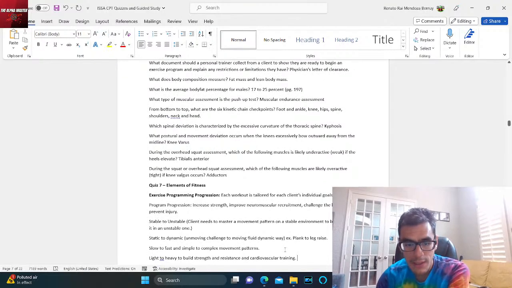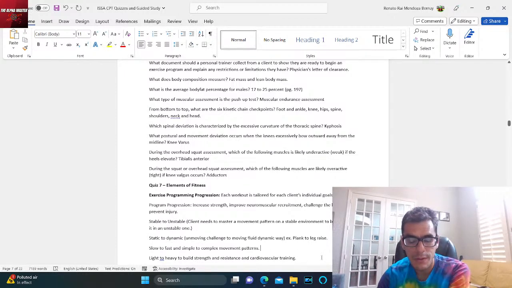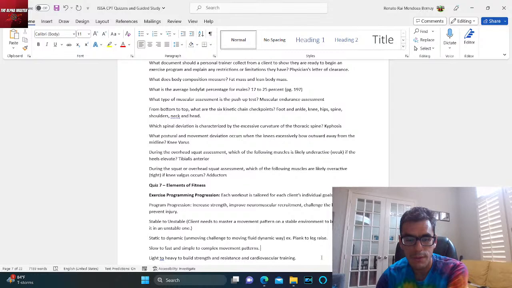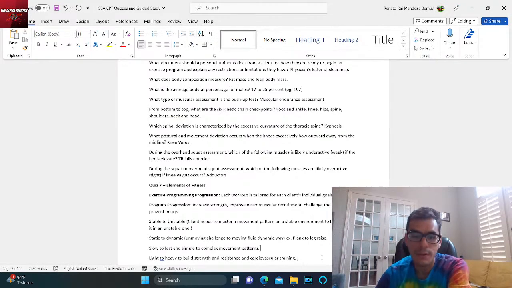Light to heavy, to build strength and resistance and cardiovascular training.